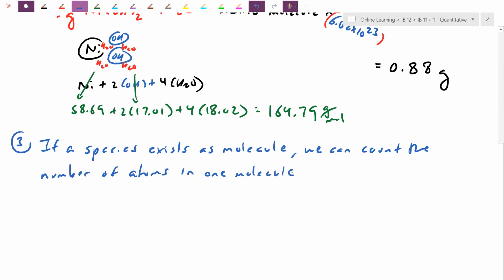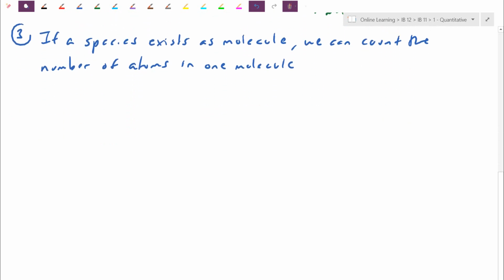So I know the molecule would be larger. I picture one of those, and if the question is asking, how many carbon elements do I have, or how many oxygen elements do I have, I can actually just picture one of the molecules and count it from there. So let's just do a worked out example.